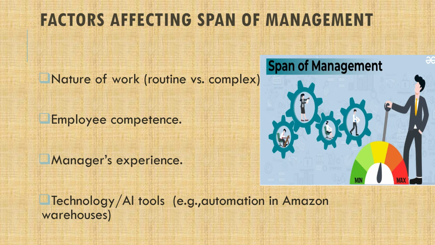That's why if the technology or AI tools are not updated or standardized, then obviously there is a need of narrow span of management. Then a decentralized structure allows managers to focus on fewer subordinates. These are all the factors which affect the selection of span of management.